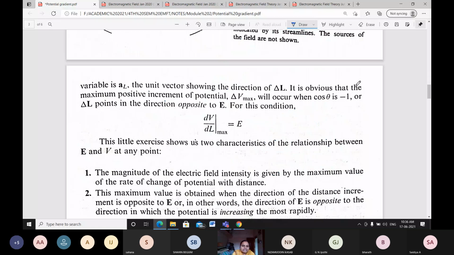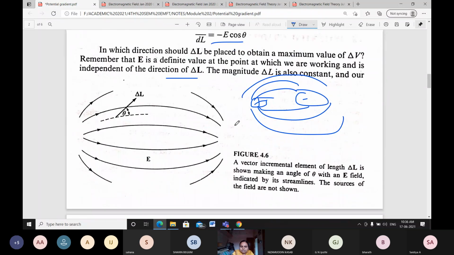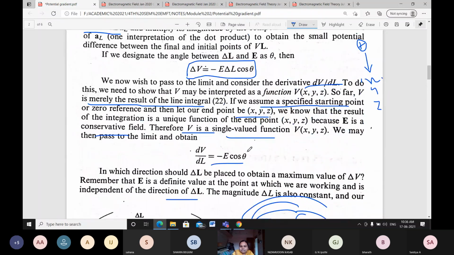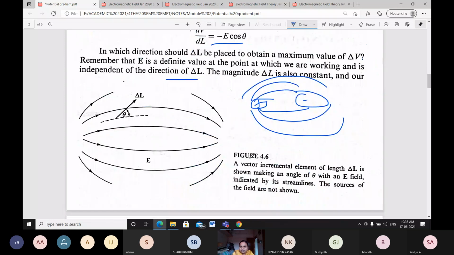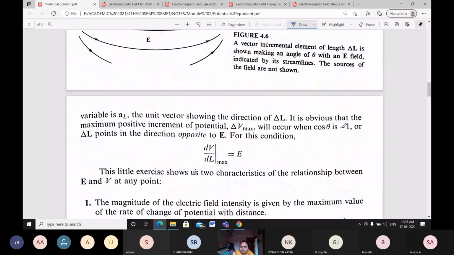It is obvious that the maximum positive incremental potential, that is delta V max, will occur when I get a maximum value here. It depends on theta, where cos theta should be minus 1.